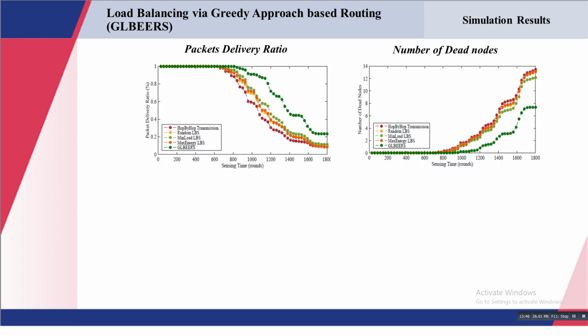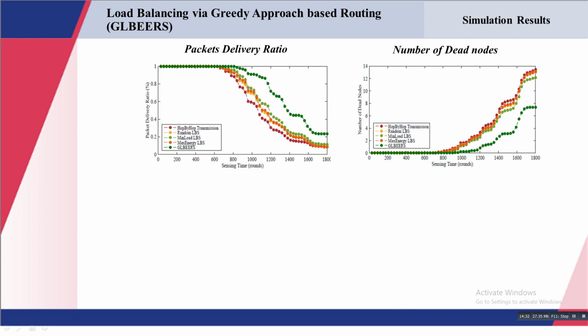And these are the simulation results, where firstly we have taken the graph of packet delivery ratio with respect to sensing time, and we can see that for the proposed approach, GLBers, this dark green line shows its performance, and the packet delivery ratio is much higher compared to the rest of the approaches that we have considered, that is random LBS, in which the sensor nodes are selected in a random manner, min load LBS, and maximum energy LBS.